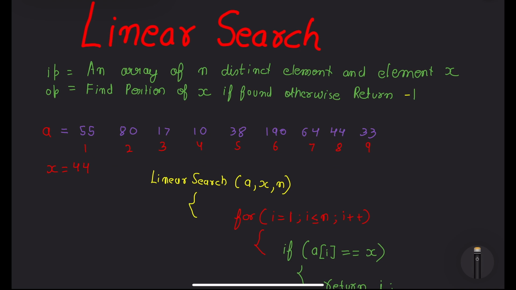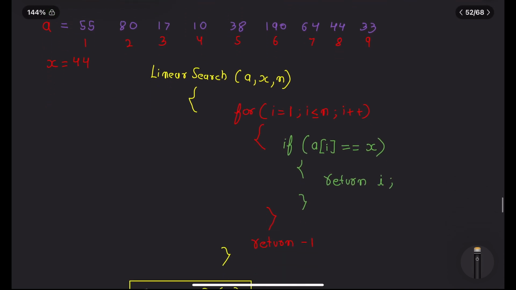Here we have our function linear search. It takes array A, element x and size of the array n as input. Inside the function we have our simple for loop. It will run from i equal to 1 and it will run until the value of i is smaller than n, which is the size of the array, and each time it is incrementing by 1.